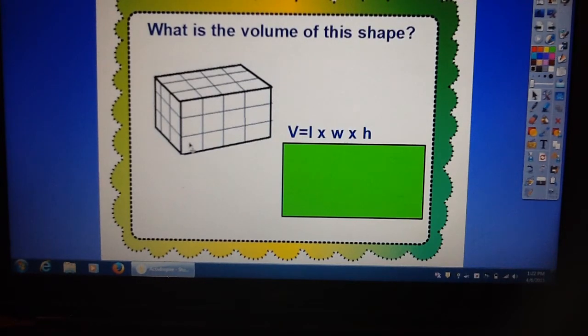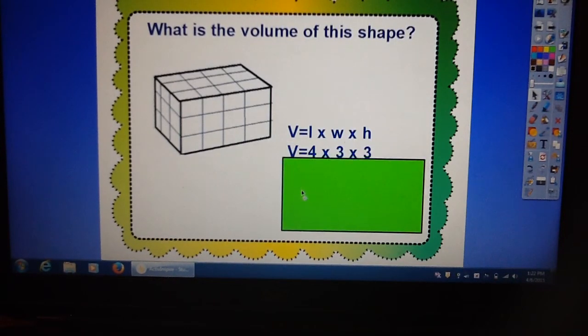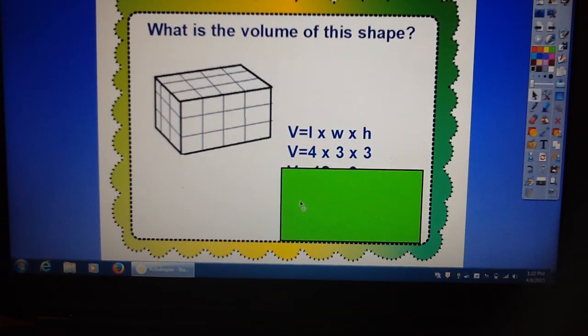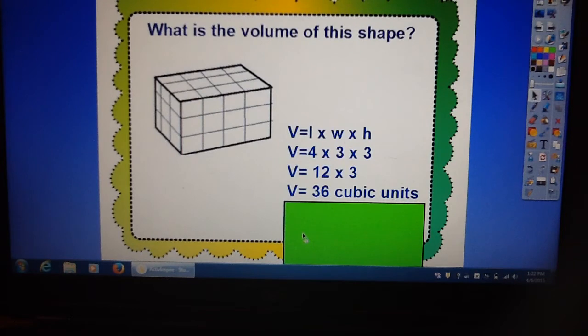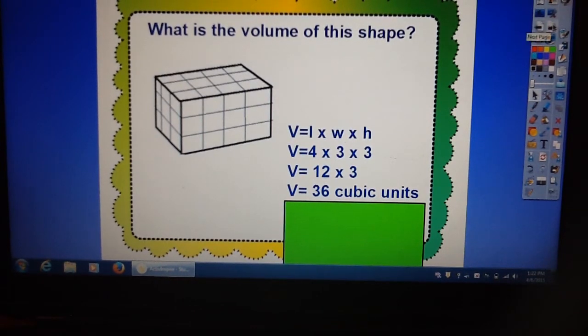And the height was also 3. So we should have 4 times 3 times 3. 4 times 3 we all know is 12. 12 times 3, of course, is 36 cubic units. Now this time we didn't put the little 3 up there. We just wrote out cubic units because I didn't put a measurement in there.